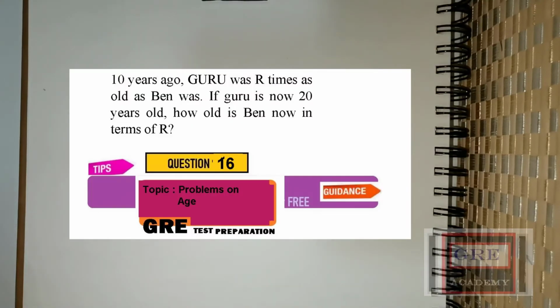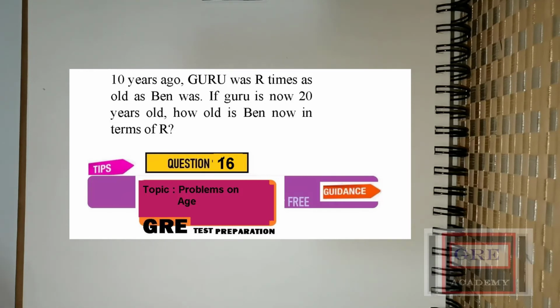Students, we are given this question. 10 years ago, Guru was R times as old as Ben was. If Guru is now 20 years old, how old is Ben in terms of R?